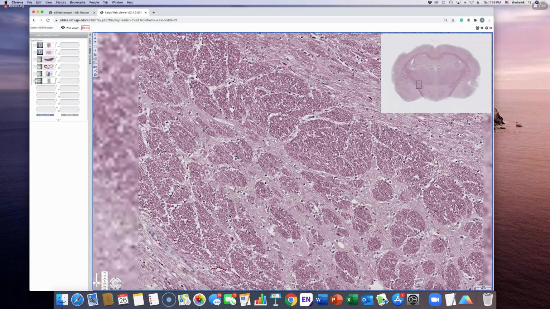When we see bundles of axons running together in the central nervous system, we use a specific term for that. What is that?